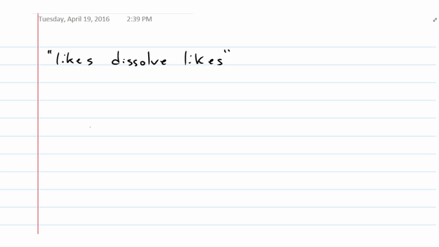What this general solubility rule means is this: substances comprised of nonpolar molecules tend to dissolve in other substances comprised of nonpolar molecules, and substances comprised of polar molecules tend to dissolve in other substances made of polar molecules.